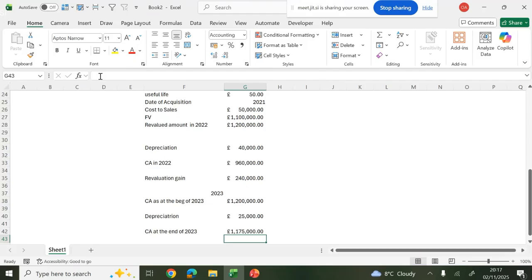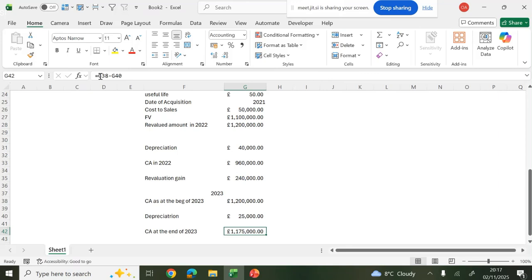This is going to be our carrying amount at the end of 2023, when the asset was held for sale. Do we all agree?